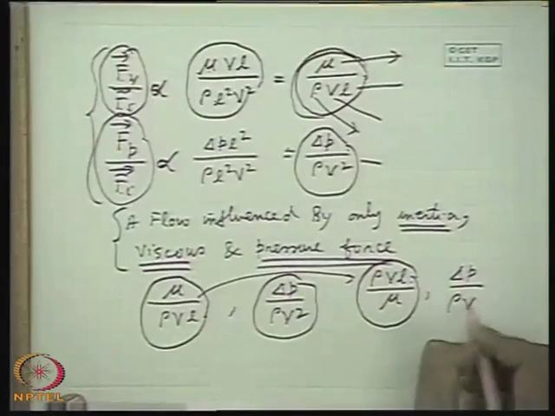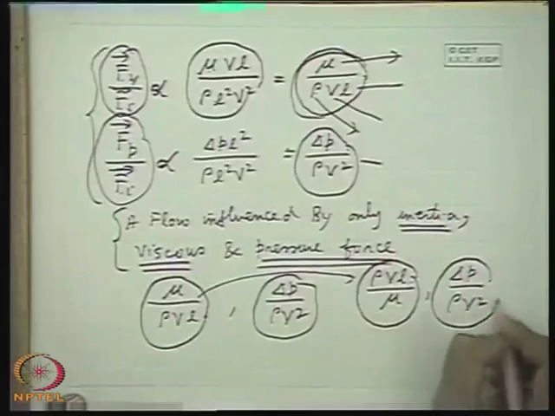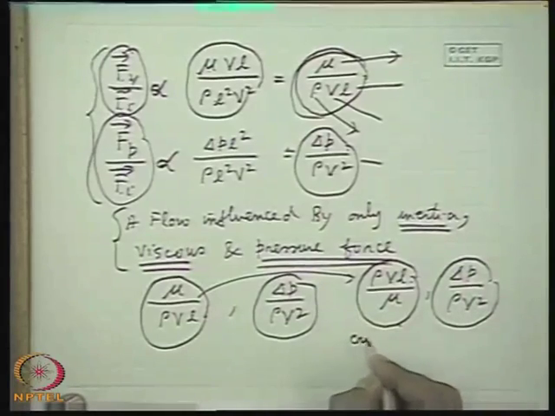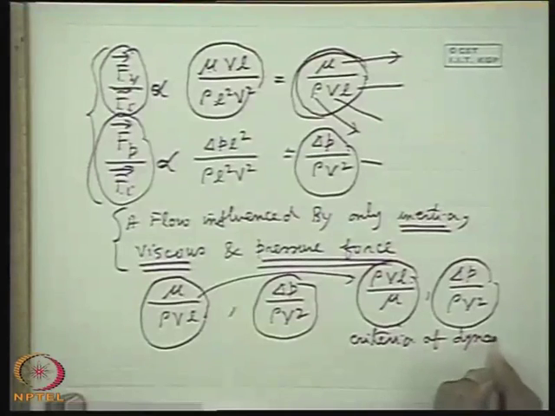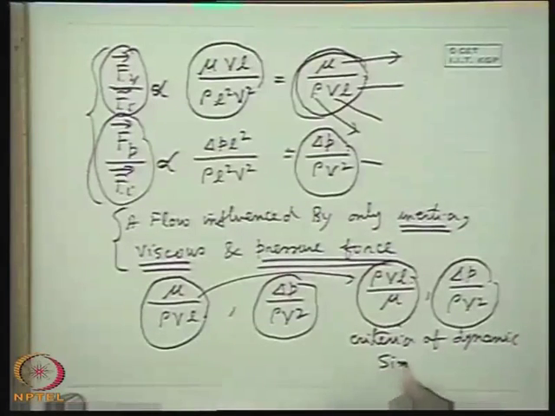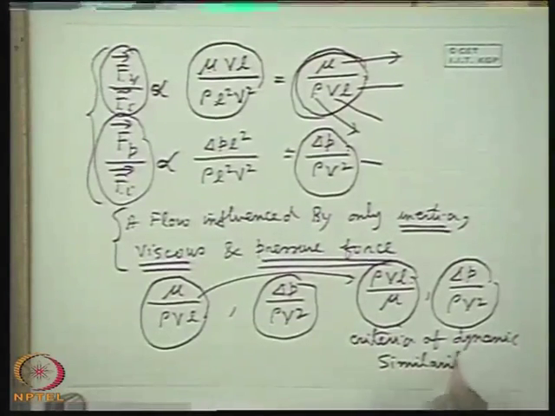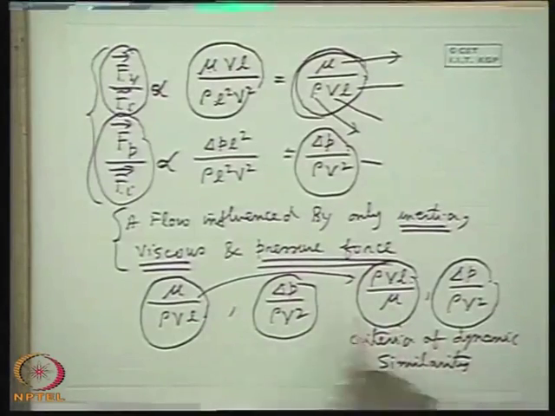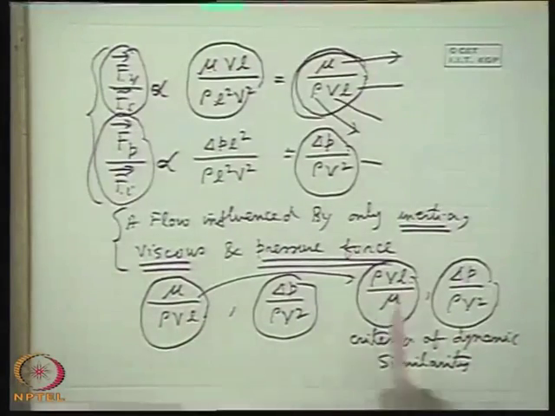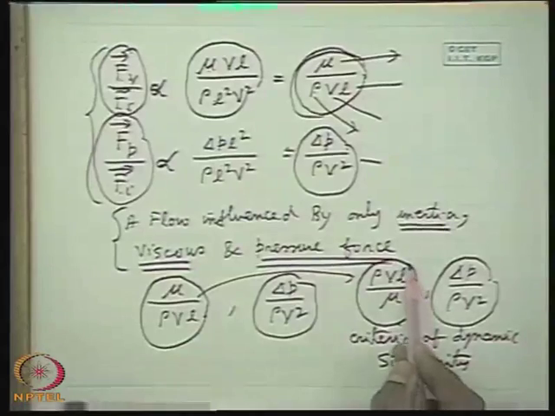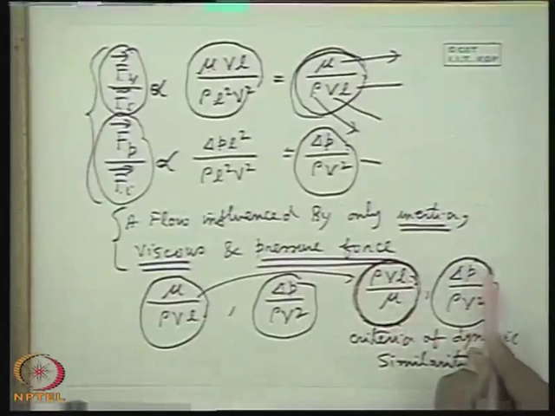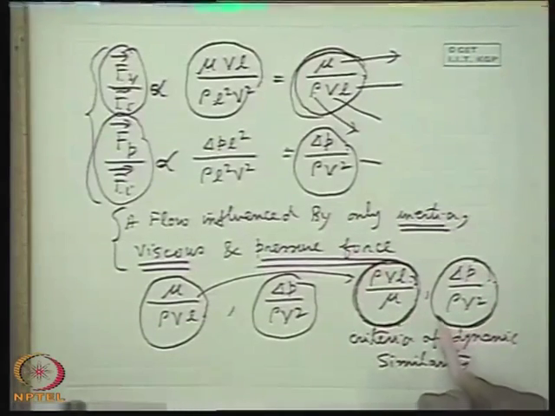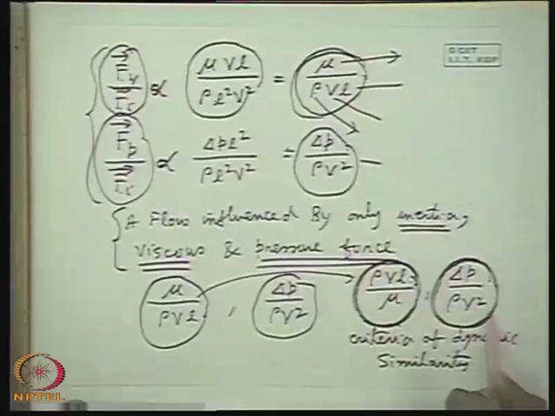These two dimensionless parameters become the criteria of dynamic similarity. Why? Because the dynamic similarity criterion is that the ratio of governing forces will be the same in two systems. If the ratio of inertia to viscous force between two systems has to be the same, this dimensionless parameter has to be the same. If the ratio of pressure to inertia forces has to be the same, this parameter has to be the same.